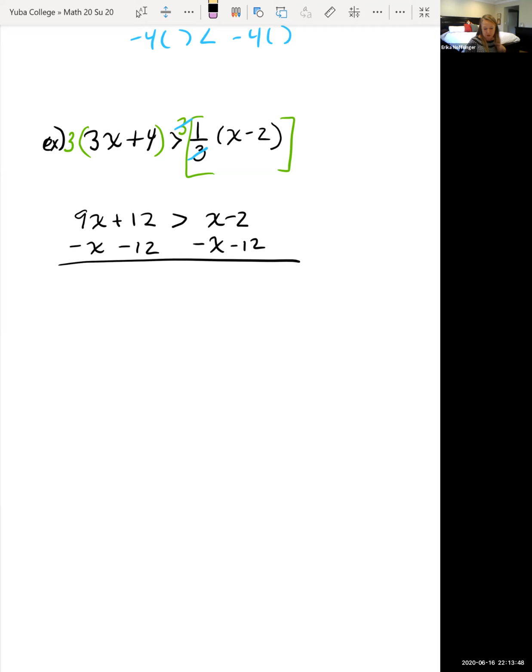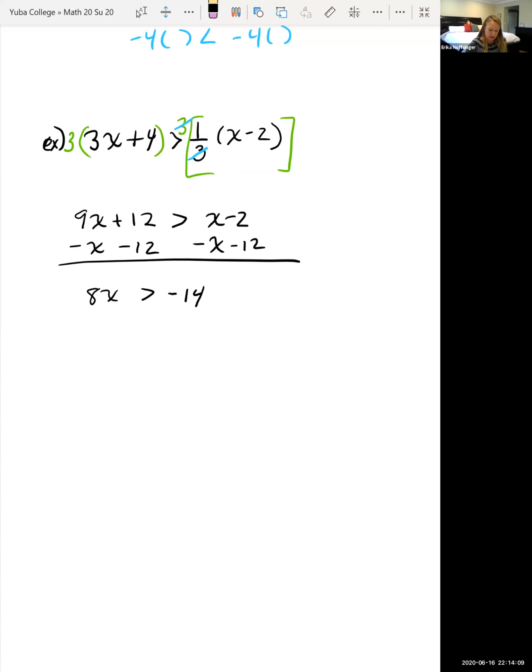When we subtracted things, it didn't affect the inequality, so we're good. 9x minus 1x is 8x. Our 12s cancel, is greater than, x cancels, and -2 minus 12 gives us -14.